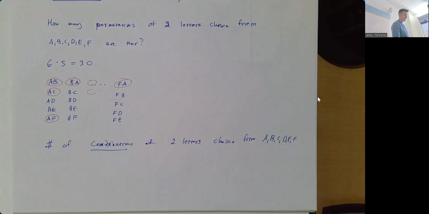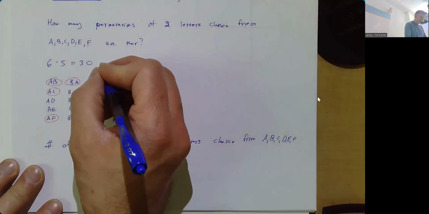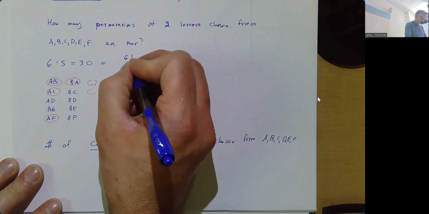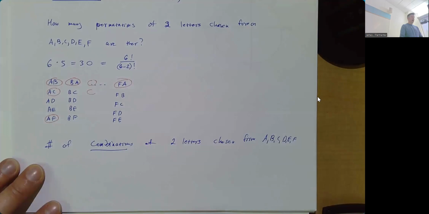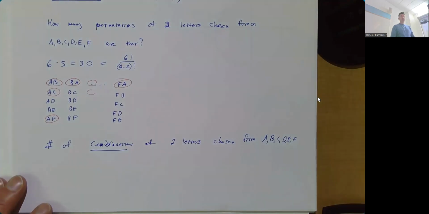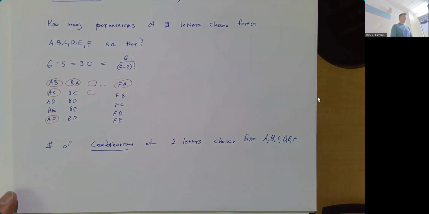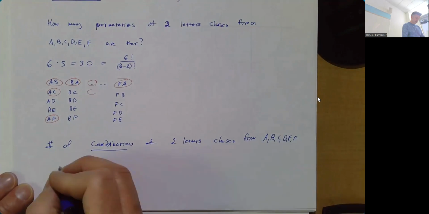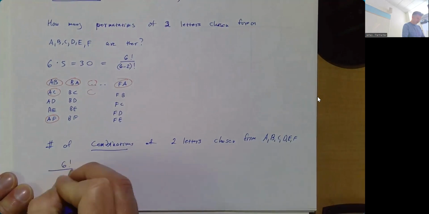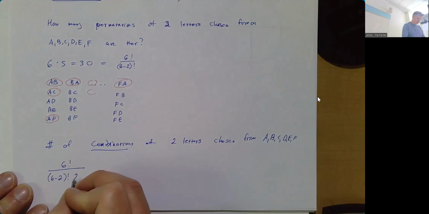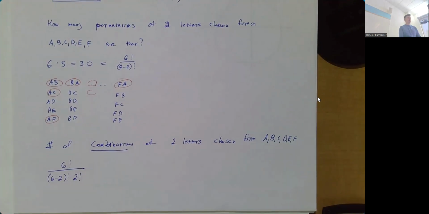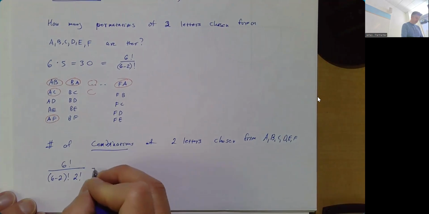So here, and actually, let me write this more here. This is equal to 6 factorial over 6 minus 2 factorial. I'm going to take that answer and divide those number of permutations by 2 factorial to avoid the double counting. So the number of combinations here is going to be 6 factorial divided by not just 6 minus 2 factorial, also 2 factorial, which will be 15.